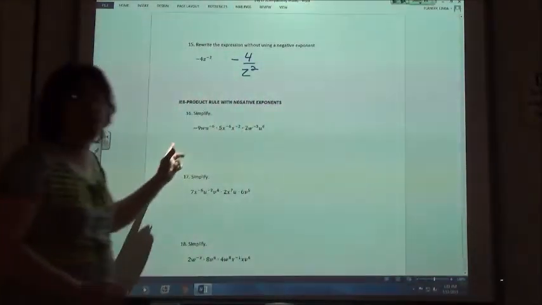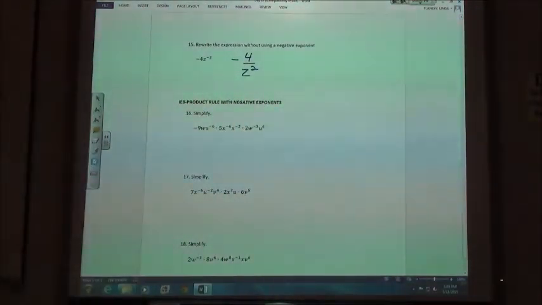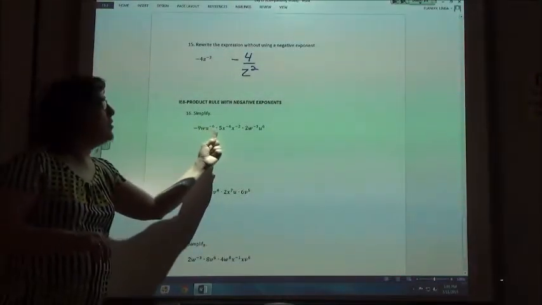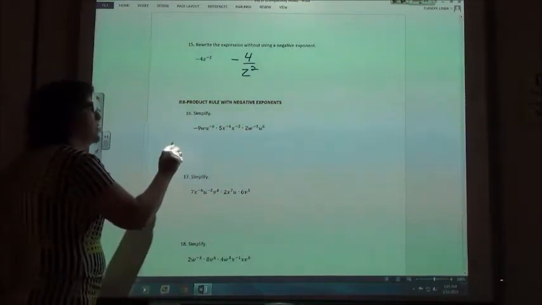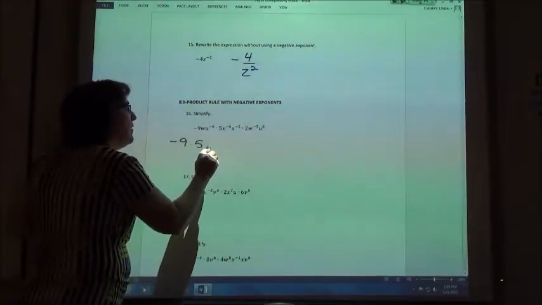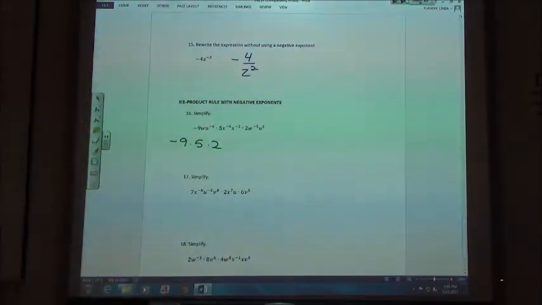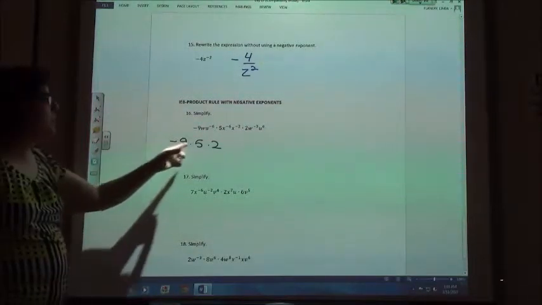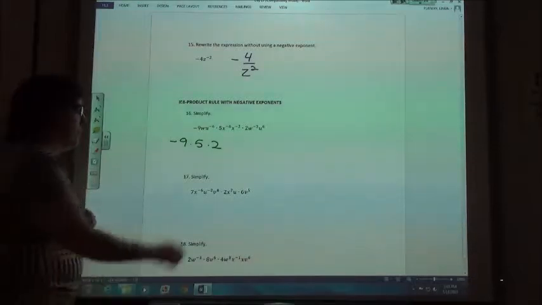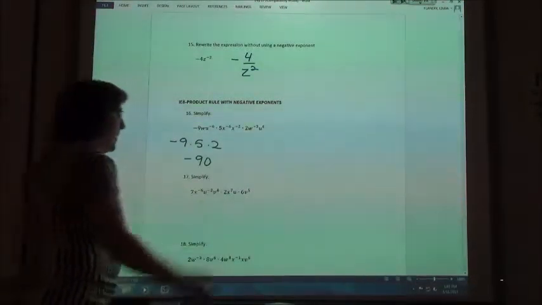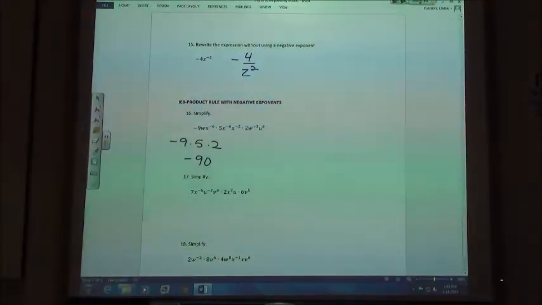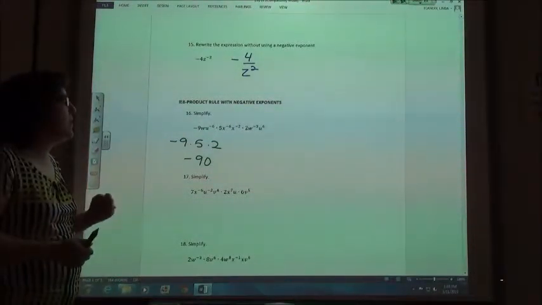These ones look like ones we did the other day, only now we have negative exponents. We said when we did these, we are going to start with multiplying our coefficients. So -9 times 5 times 2. If I multiply that together, I'm going to get -90, right? Then I'm going to do my like variables.